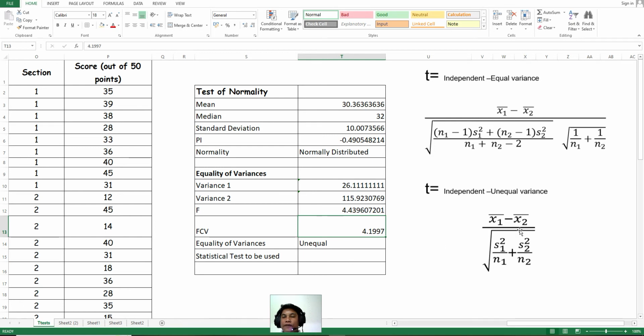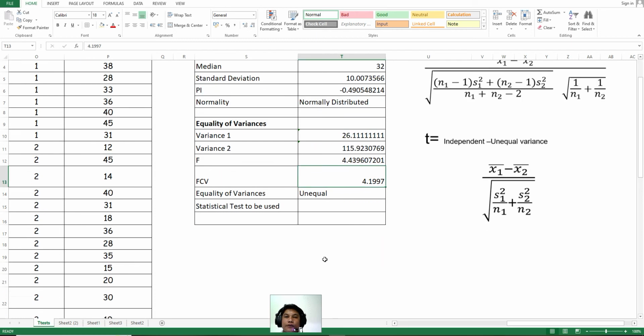So first, if you notice, mean 1 minus mean 2 over the square root of s squared 1, the variance of the first group, over how many participants in that group. Then the second variance over how many participants in that second group. And then you get the square root, and that makes it the divisor of the difference of x1 and x2. So our statistical test to be used is t-test unequal variance.